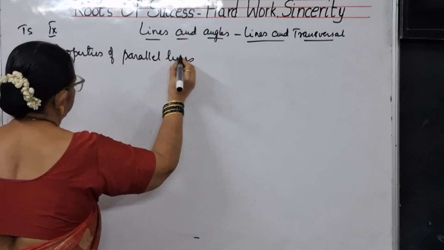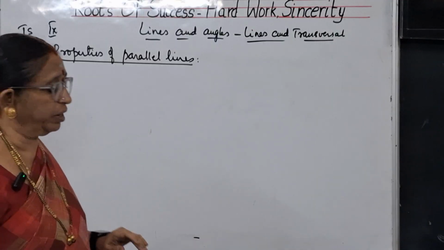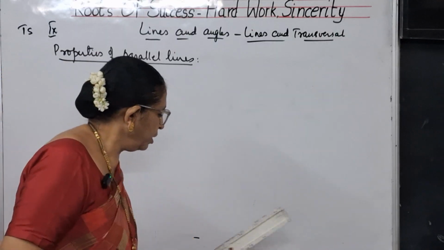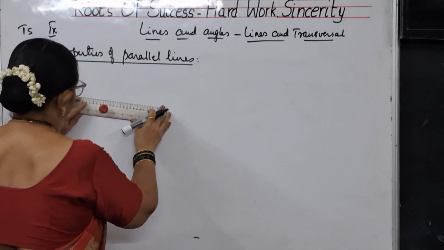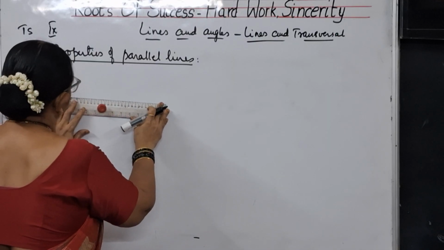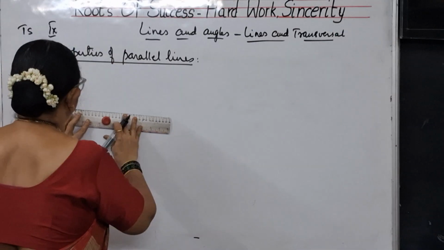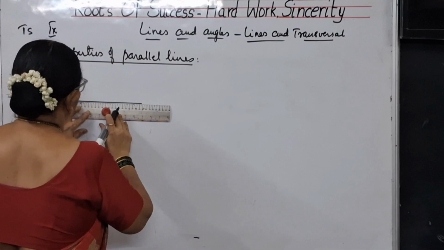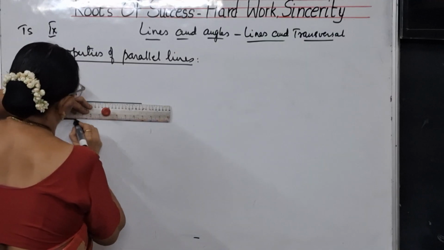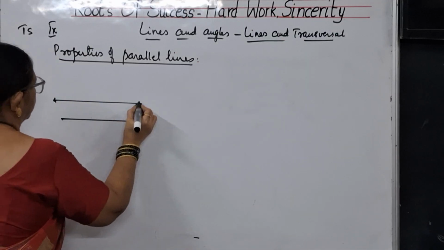The two lines I drew earlier are not considered parallel lines because they are not straight. I drew them somewhat angled so that they meet at one point. But parallel lines means they will never meet at any point. I can consider these two as parallel lines.